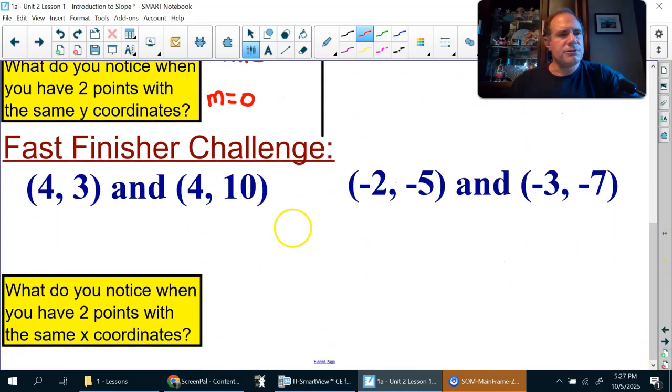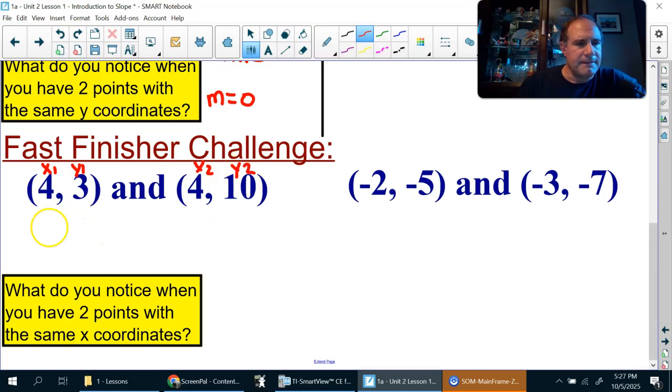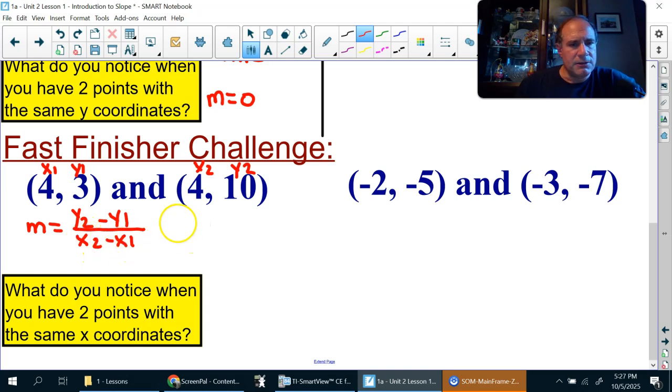All right, fast finisher. Here we're going to go x1, y1, x2, y2. This slope is m equals y2 minus y1 over x2 minus x1. So we're going to simply put the minus signs in the middle.